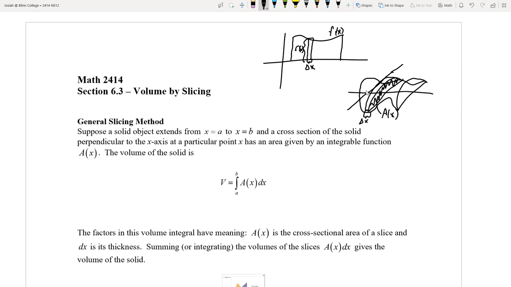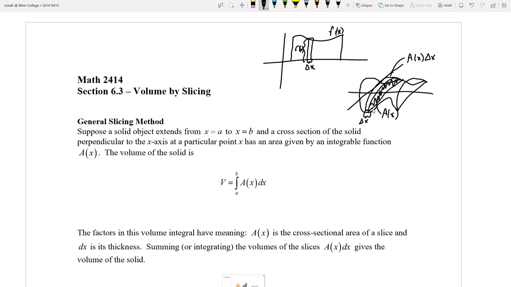And so we'll make a bunch of these cross sections, find their volumes, and then add them together. The volume of one of these cross sections is going to be A of x times delta x. Right? Because the area is already going to be 2 dimensions, we're adding this 3rd dimension.